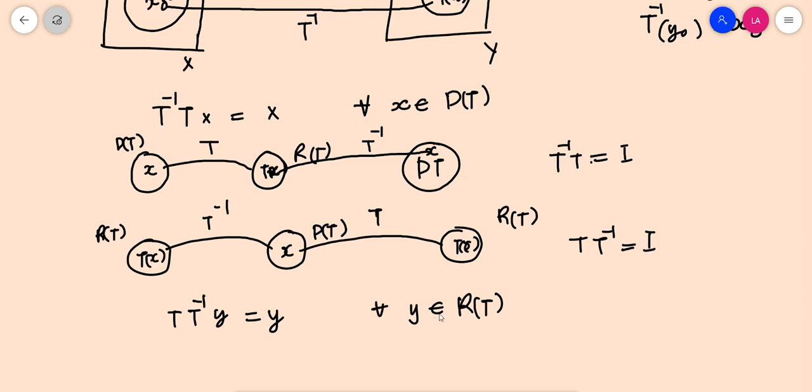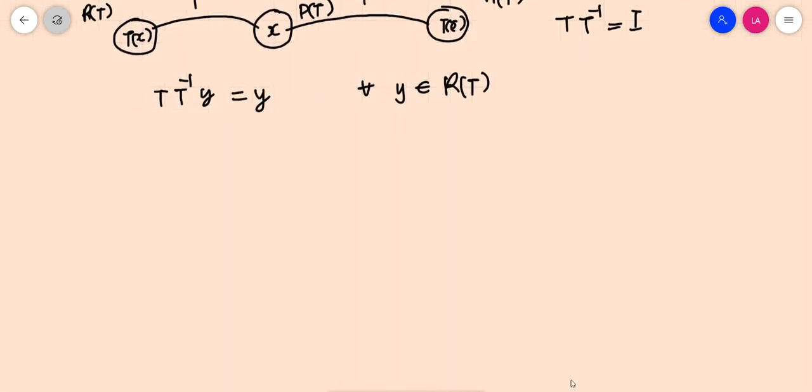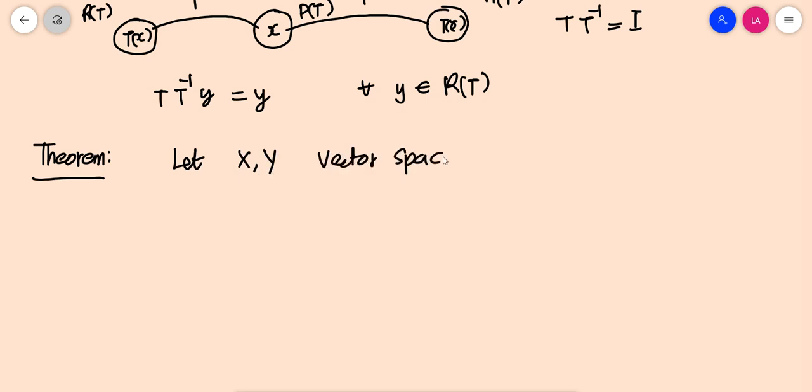Now let's move on to some properties of this inverse transformation. The basic properties of the inverse can be stated as a theorem. The theorem states that let X, Y be vector spaces, both real or both complex.